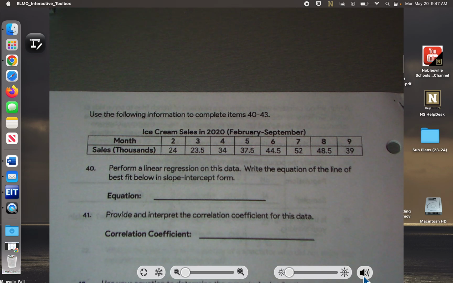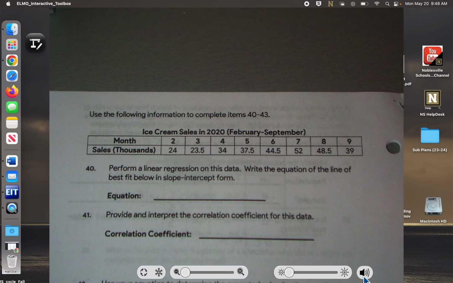And if you don't remember how to find this, okay. So we have 2, 24, 3, 23.5, 4, 34, 5, 37.5, 6, 44.5, 7, 52, 8, 48.5, and 9, 39.